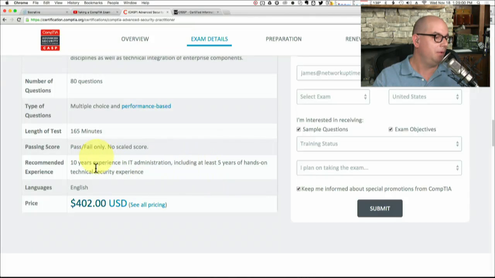And CompTIA is trying to compete with this. They're trying to get into that piece of it. They don't have the same prerequisites. In fact, the recommended experience they have on their list for the CASP is 10 years of experience in IT administration, 5 years of hands-on security. So a big difference than the 2 years that you've seen on the others. That's pretty useful to know.